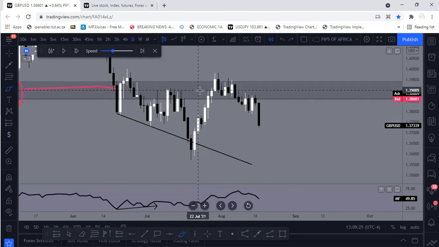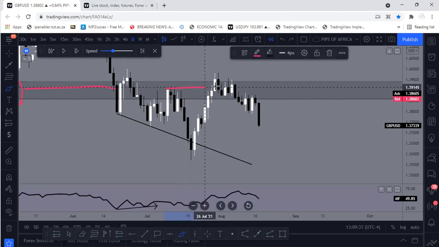There's also a break of this strong zone that was holding the price from breaking above. Let me repeat. There's a break of market structure, which you see here. There's also this other block. We have two things already. That confirms to us that we can buy this market, right?